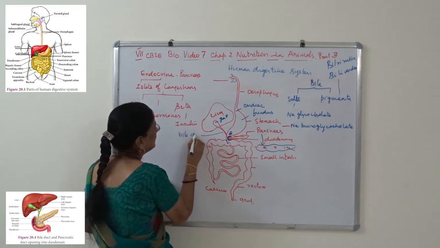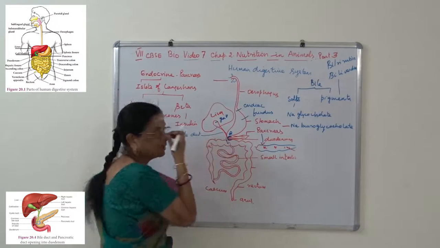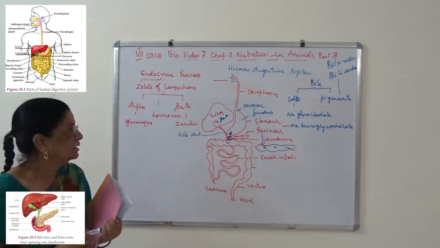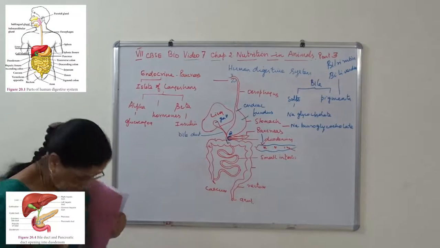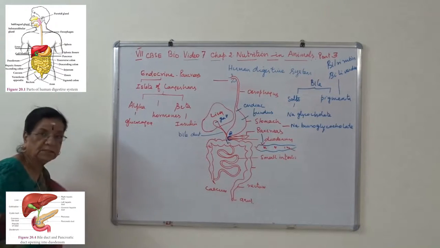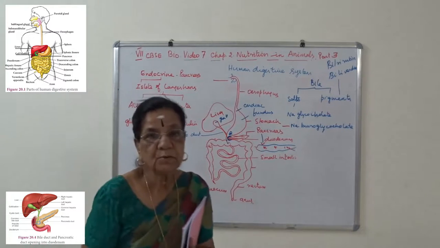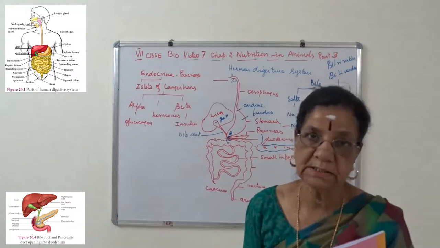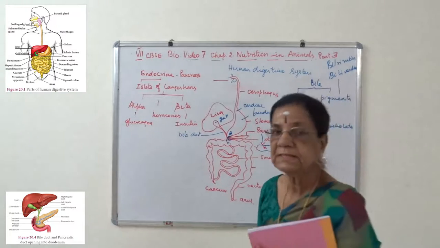That bile duct joins with the pancreatic duct, and both of them together form the hepatopancreatic duct. I hope you understand.